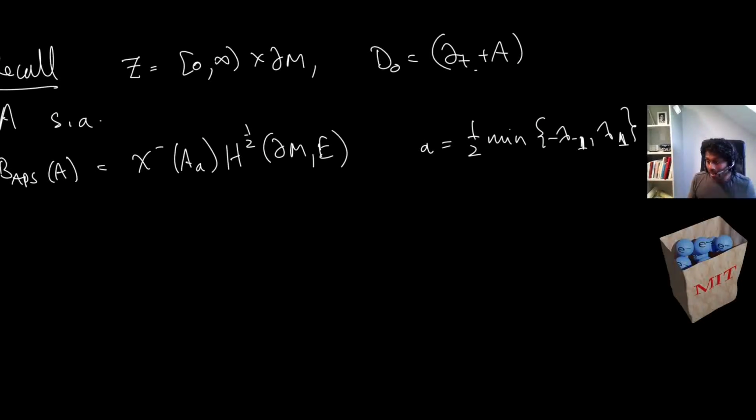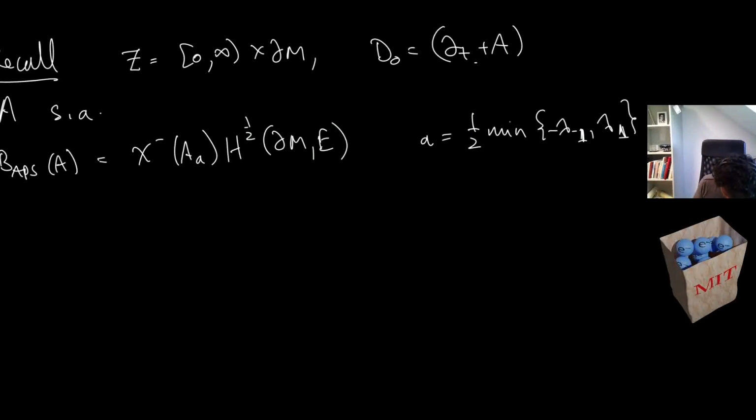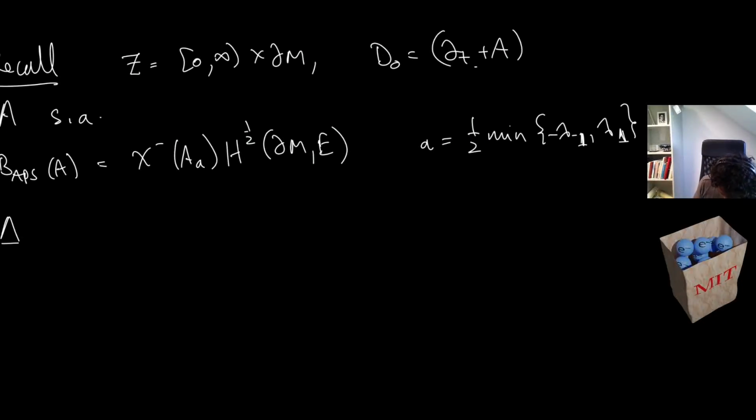And then we define the two Laplacians. So now this yields the operators d naught APS, which is equal to d naught with boundary condition B APS.